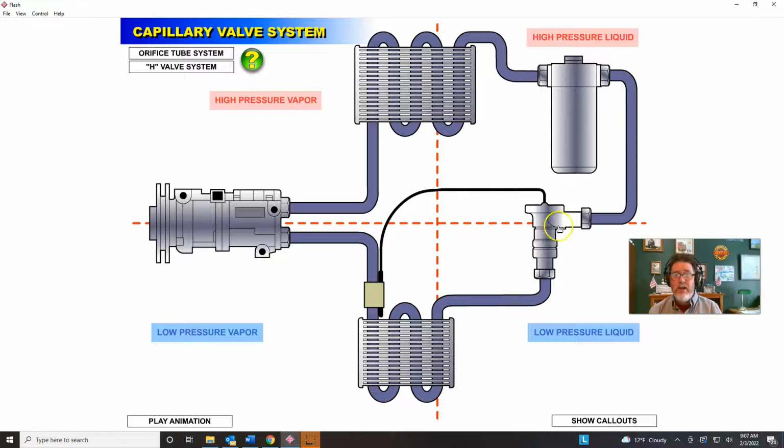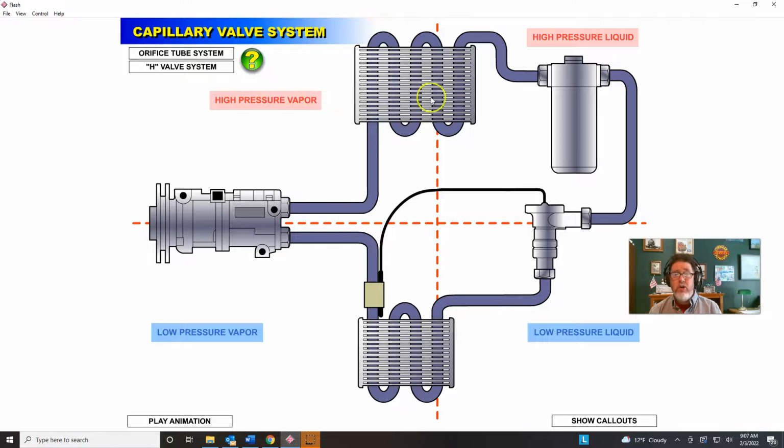And normally I'll look, and if I don't see an H valve, which is the other type of TXV, in the bulkhead, and I don't see an accumulator in there, or if I do see a receiver dryer in that liquid line somewhere, then I know that it's a capillary system. And again, these are down under the dash, typically right next to the evaporator. So this line between the TXV and the evaporator, you can't get your hand on. It's all kind of one piece.